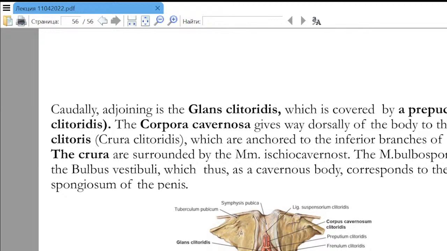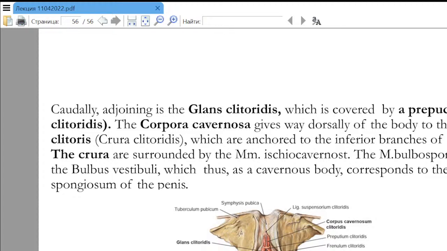The corpora cavernosa give way dorsally of the body to the crus of the clitoris, crura clitoridis, which are anchored to the inferior branches of the pubic bone.